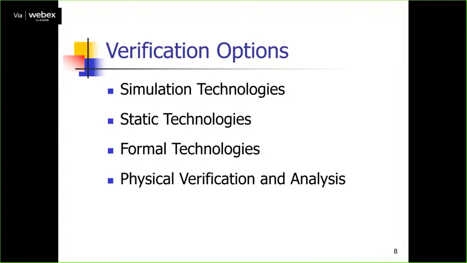In static technologies, you check the timing factors. Let us say at time t1, my input A goes from 0 to 1, and at time t2, my input goes from 1 to 0. I will check the static appearance of my values at t1, at t2, and what my propagation delays are. That is static technologies.